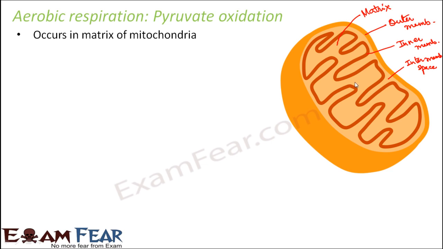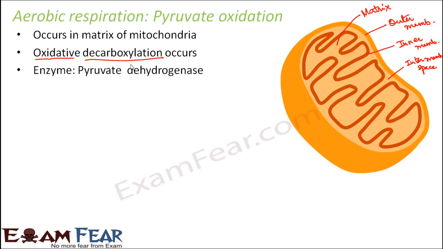Now this process of pyruvate oxidation will take place inside the matrix. Here oxidative decarboxylation will occur. Oxidative means oxidation will take place, and at the same time decarboxylation. What is decarboxylation? Removal of carbon dioxide is called decarboxylation.